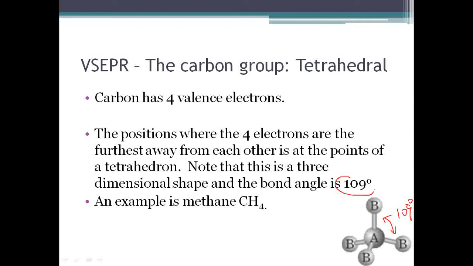Which is what I've got there, right? But note that it's in 3 dimensions. Now again, we need some sort of word to explain what this particular shape is, rather than laboriously going through the explanation that the thing's in 3 dimensions and the bond angle's 109 degrees. So this particular shape, mathematically, is referred to as a tetrahedron. So there it is there.